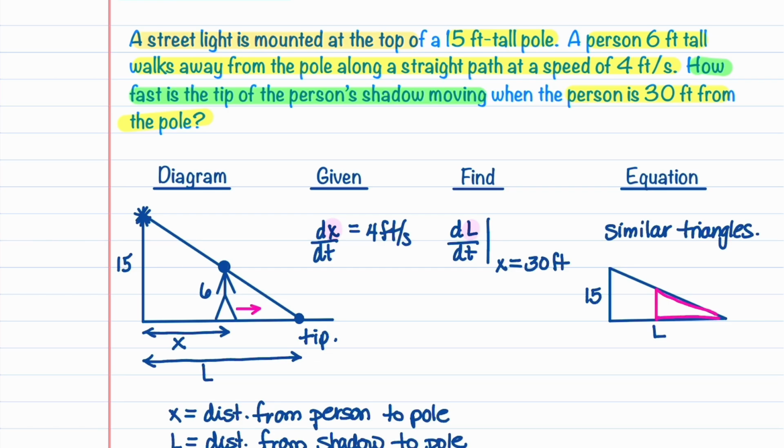We're told that the person is 6 feet, so we can label that as 6. And then now we have to find this distance right here. So let's go back over here to our picture, and I want to highlight this distance right here. That distance is L minus x.